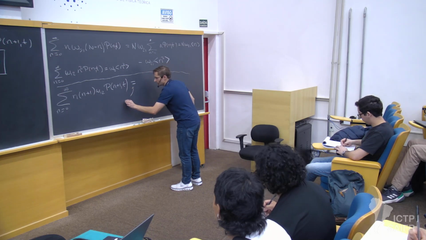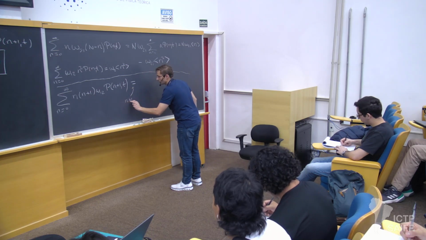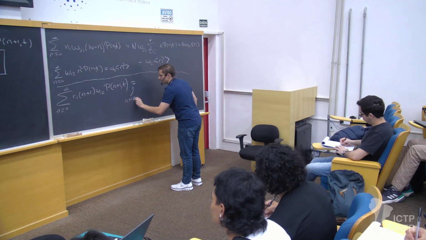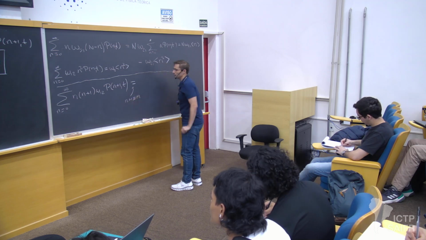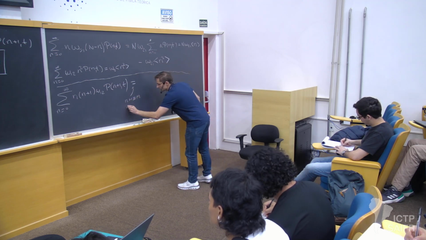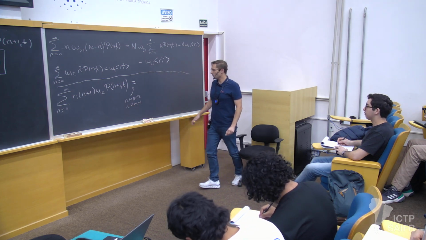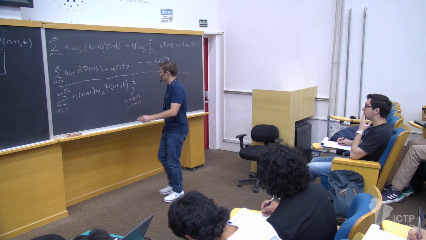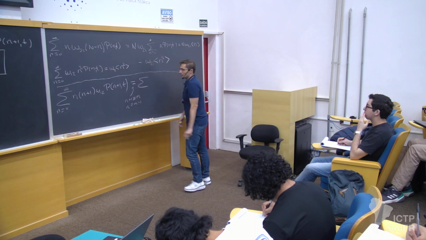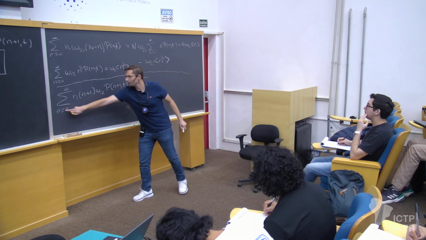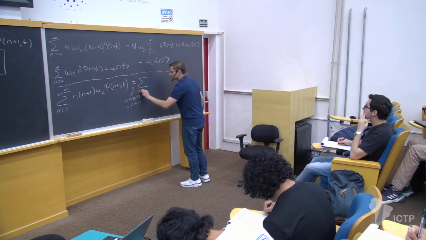So this is very similar to a calculation we already did. I'm going to relabel n plus 1 by m, which means that n is equal to m minus 1. And now I just shift my indexes. When n is equal to 0, m is equal to minus 1.